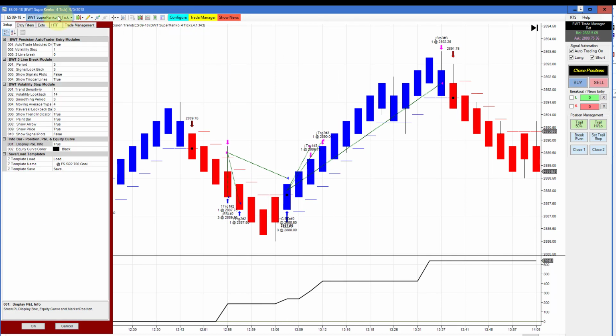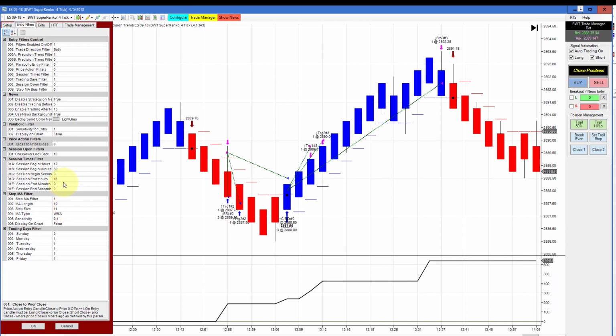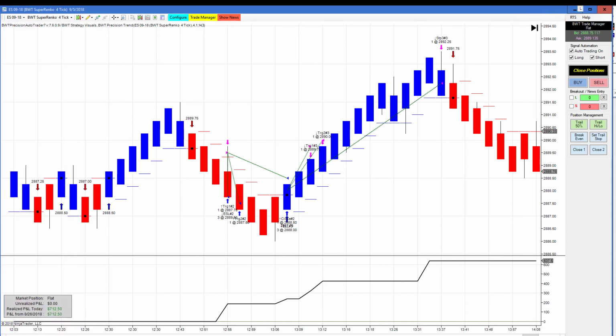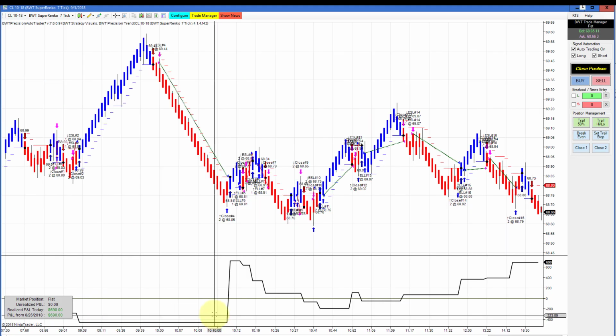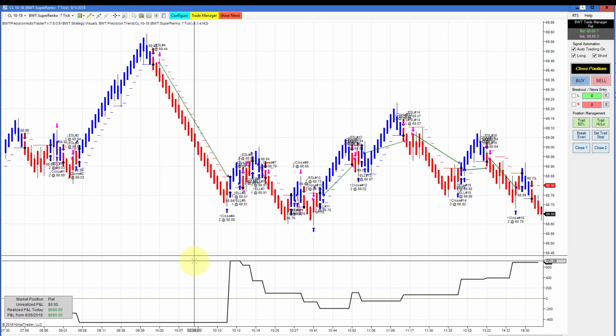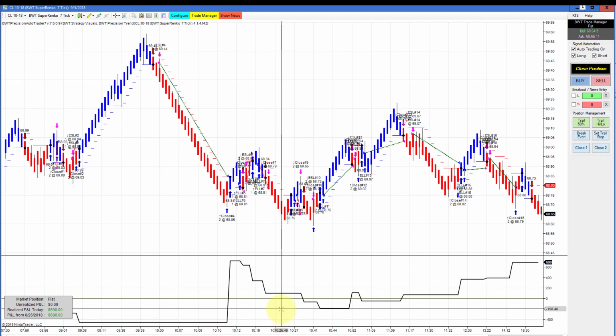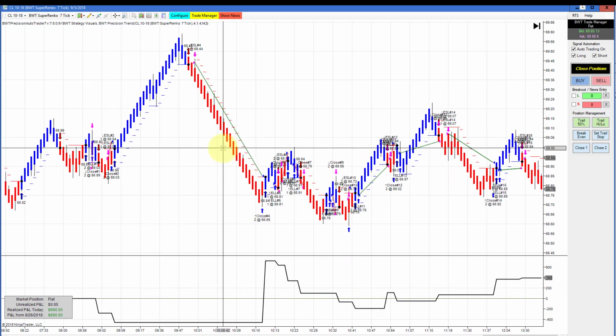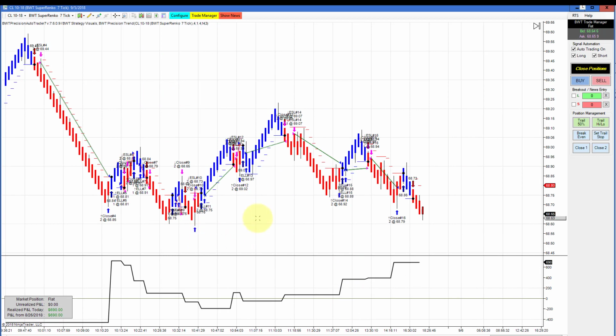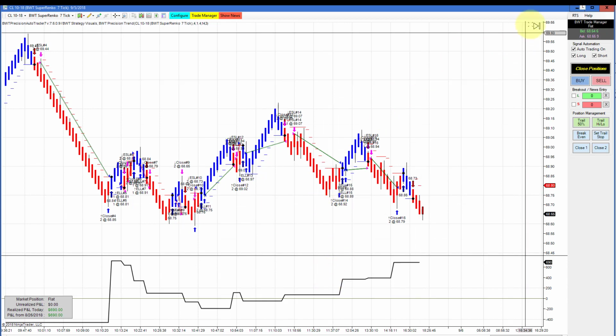This starts trading at 12:30 p.m. Okay, the crude oil on a Super Echo 7-tick had an equity high of about 750 and then drew down to minus 200. And note this first couple of trades here, and then in a relatively sideways market managed to gain it back and finish at 690 on 2 contracts.